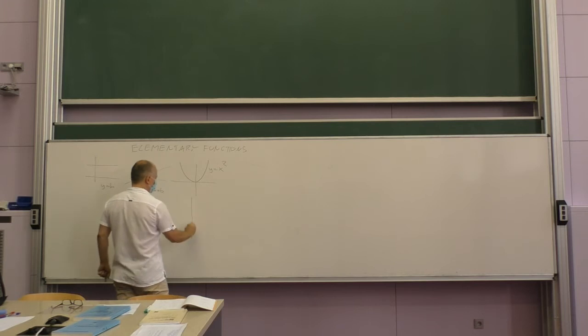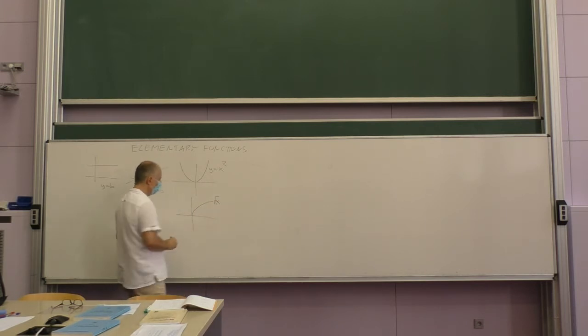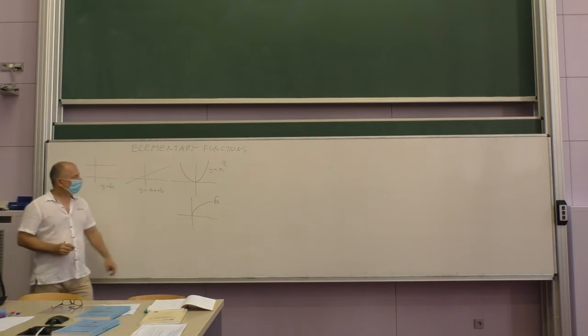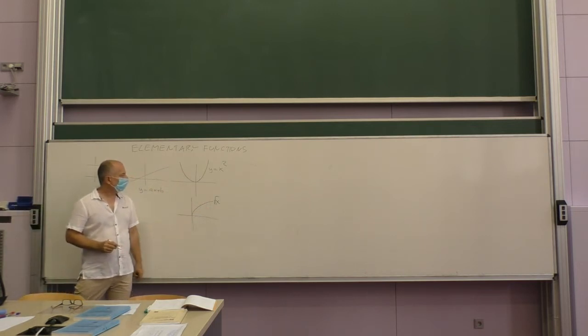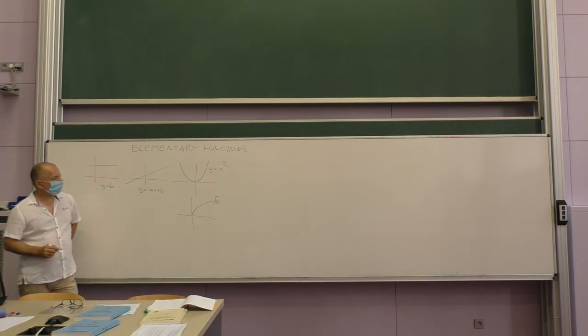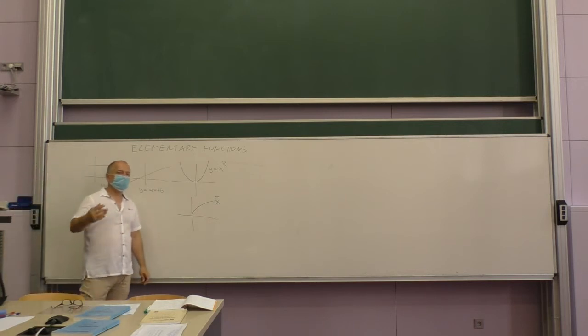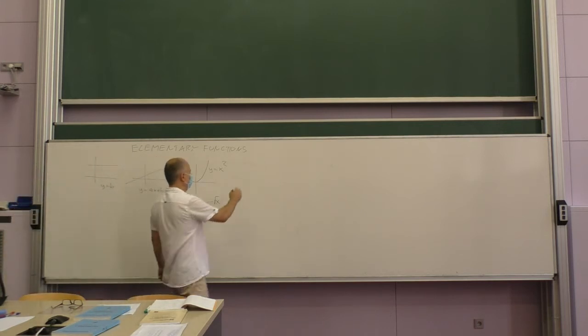Related to this function is the square root. The relation between these two functions is an important relation which we will discuss in more detail when we talk about inverse functions.